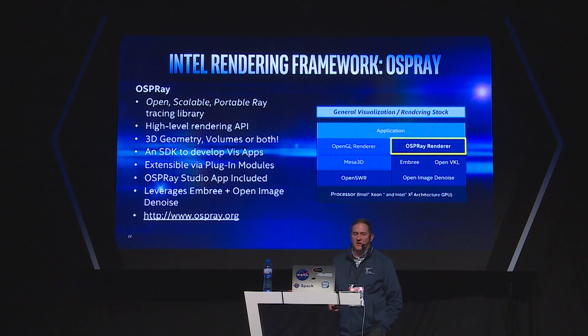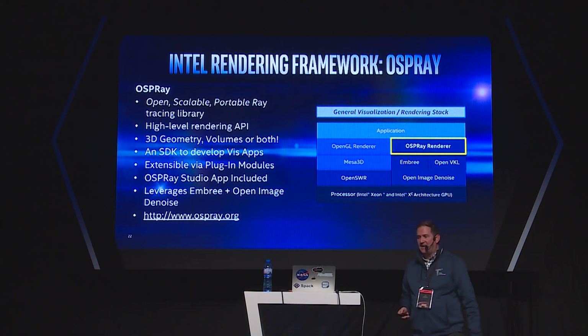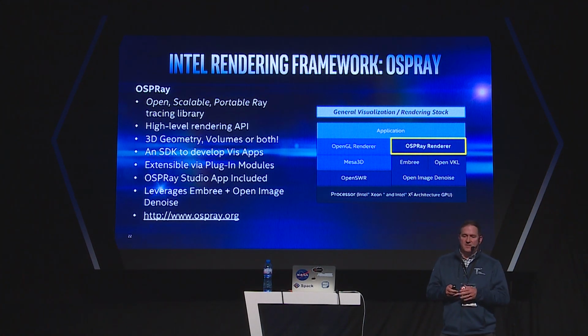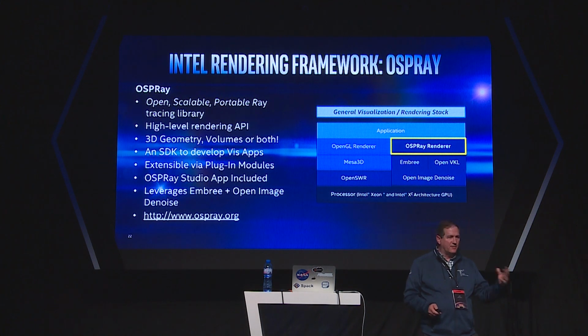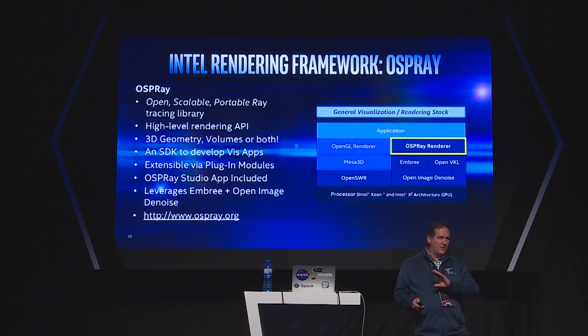What OSPRay does, though, is it provides a higher level rendering infrastructure. So if you're DreamWorks or Chaos Group, you might selectively use OSPRay in certain scenarios, particularly what I would call interactive or real-time preview. Lower samples per pixel, but you really want to see the whole flow, the lighting, the capability.